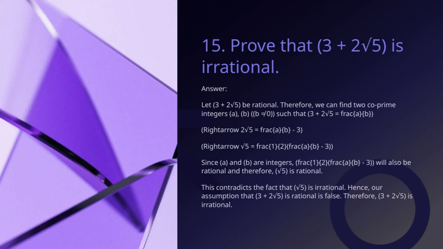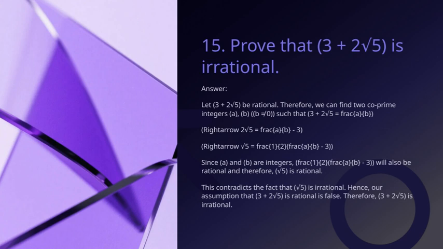Now, since this expression equals square root 5, it would imply that square root 5 is rational, but we know from earlier that square root 5 is irrational. This contradiction tells us that our initial assumption, that 3 plus 2 square root 5 is rational, must be false. Therefore, we conclude that 3 plus 2 square root 5 is irrational.